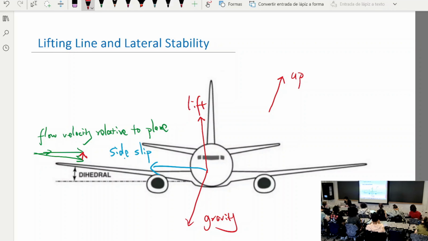On the other hand, the same sideward velocity, when decomposed in the two directions along the wing and orthogonal to the wing, is actually a downward velocity on the port side wing. And that decreases angle of attack. On this side, it increases.